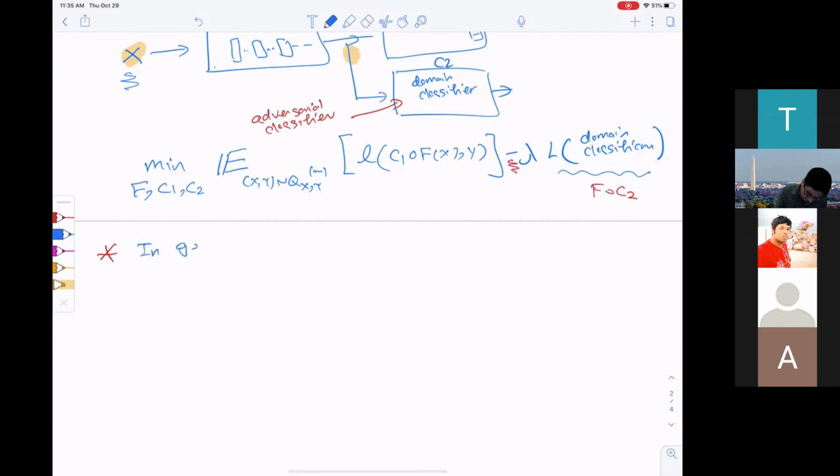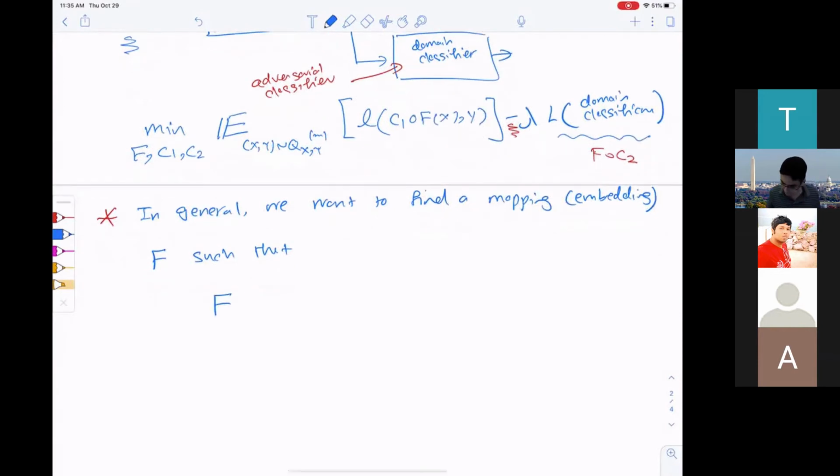So in general, we want to find a mapping, sometimes referred to as embedding f, such that if I apply f on qx, which is the unlabeled source samples, in distribution it is close to f applied to p of x, which is the unlabeled target samples.